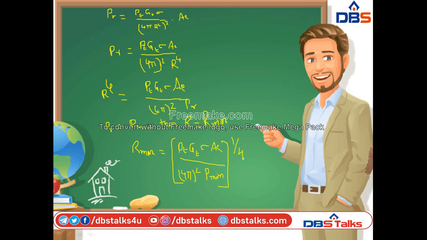Okay, this is a simple form of radar equation, and the modified equation relates to another thing: the relationship between the area and effective area of the antenna. So I'll explain here itself.